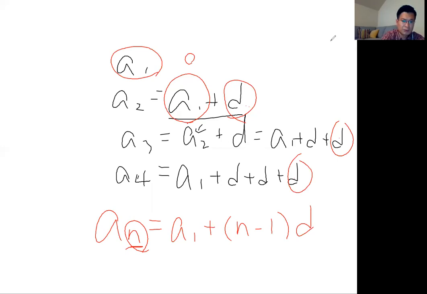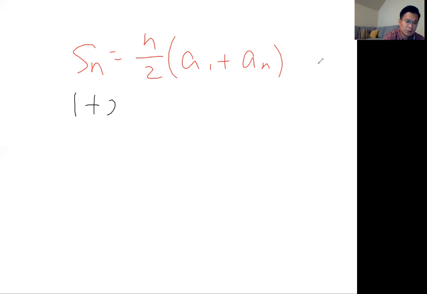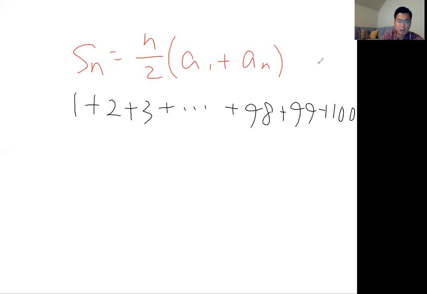And then the sum of this arithmetic sequence is Sn equals n over 2 times (a1 plus an). If you think about this example, you're adding 1 through 100. Without literally calculating this summation one by one, what you can do is think about the first and last numbers: if you add them up, it becomes 101.